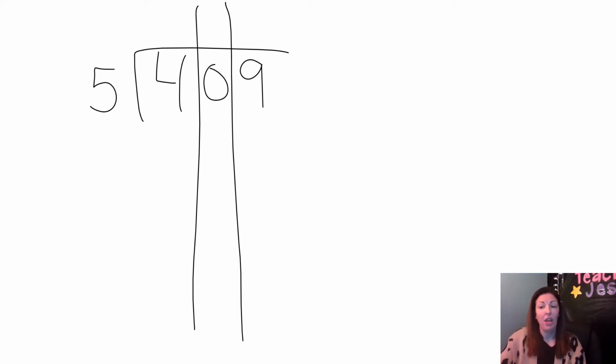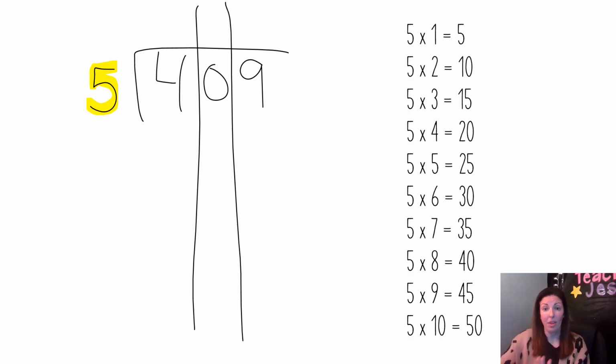So the next thing that I'm going to do is look and see what my divisor is. How many groups am I going to be dividing my 409 into? And as you can see, I highlighted it's 5. So as we did last week and just like we practiced in class, I'm going to write my 5 times tables over to the side, which I did.